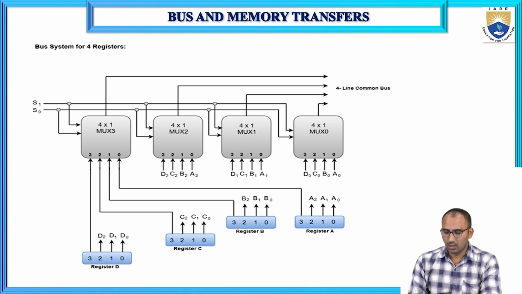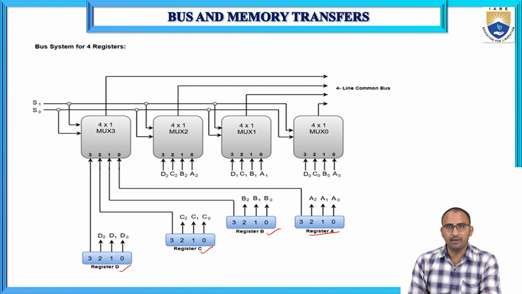Now consider a common bus system using 4 registers. Here you can see we have 4 registers: register A, register B, register C, and register D. All these registers use a common bus system, that means a common set of wires is used to transfer the data from one register to another.